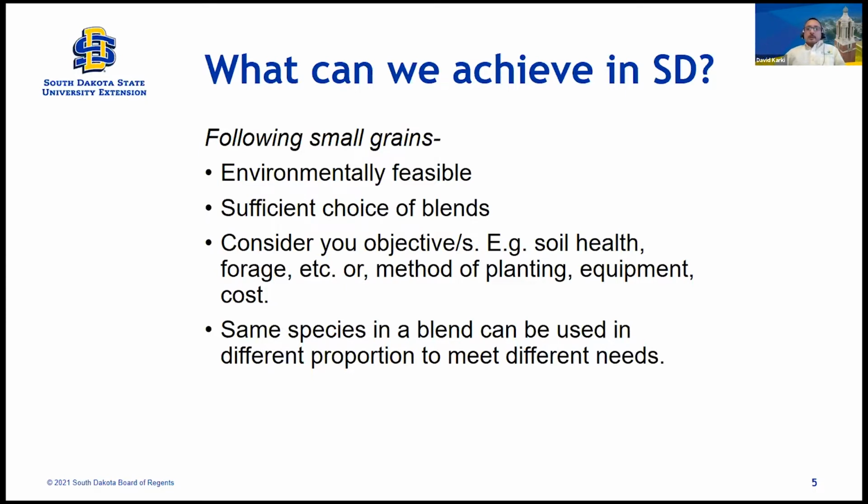The two main reasons South Dakota producers decided to adopt cover crops were soil health and supplemental forages. So those folks seem to have figured out their ultimate end goal of soil health and forages. The objective is important to think about.